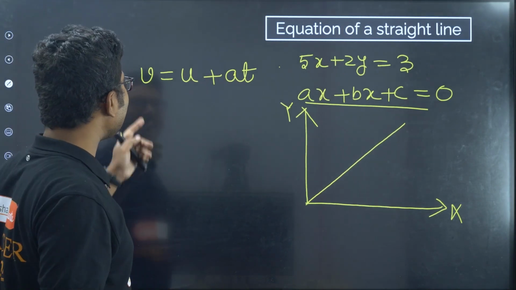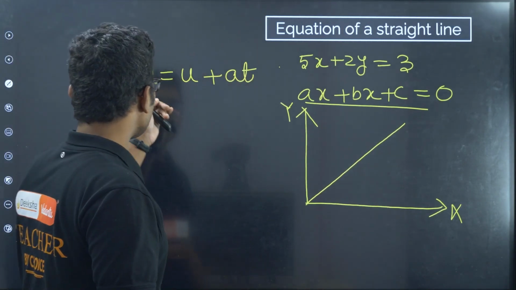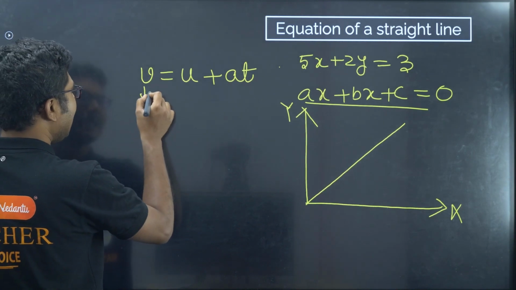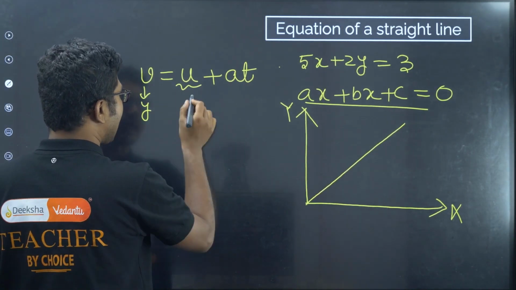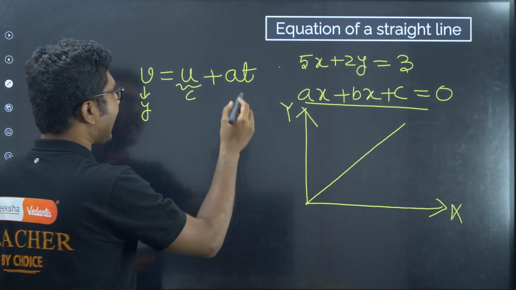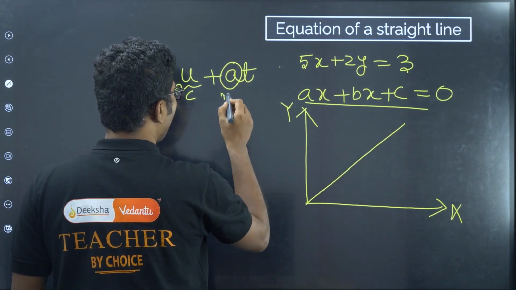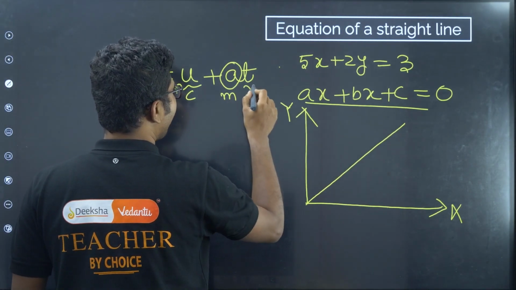Now how can we say that this is an equation of a straight line? v is basically y, u is basically the constant c, a is basically your slope m, and t is your x.